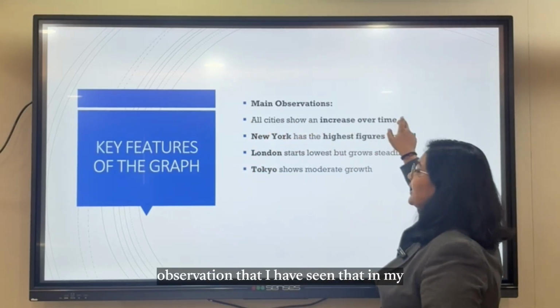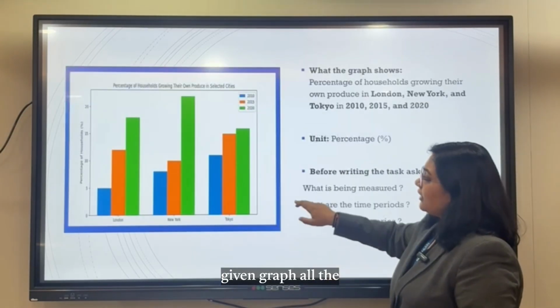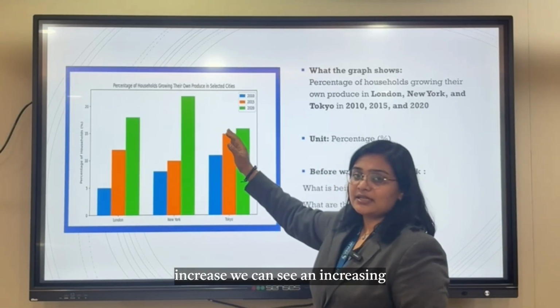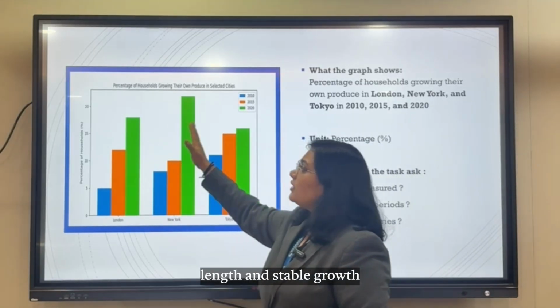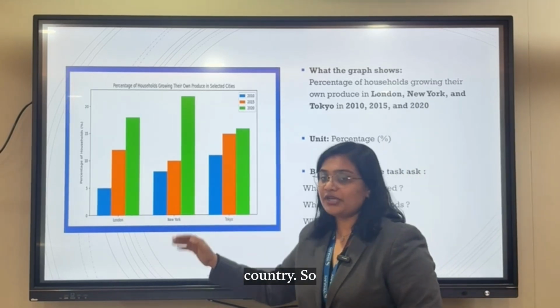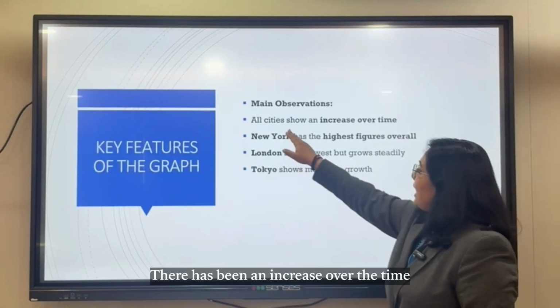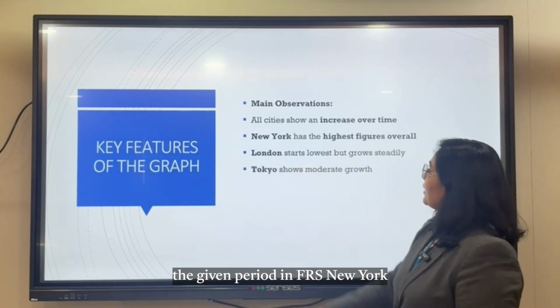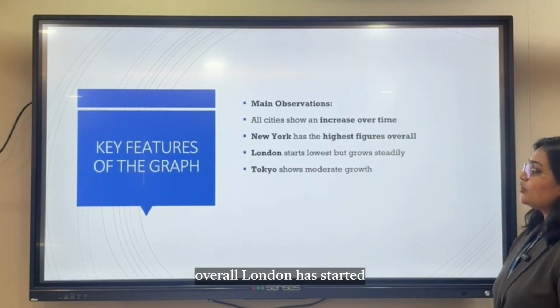One main observation I have seen is that in my given graph, all the parameters show a good increase. We can see an increasing trend and stable growth in every year, in every country. So there has been an increase over the given period. New York has the highest figures overall.